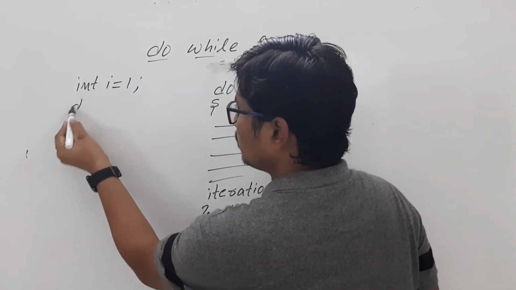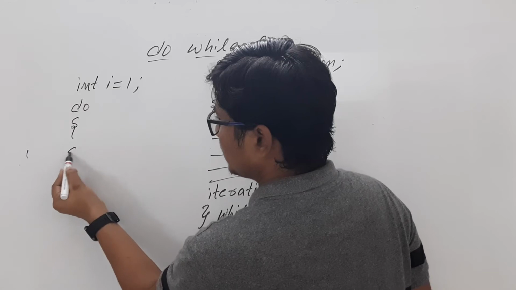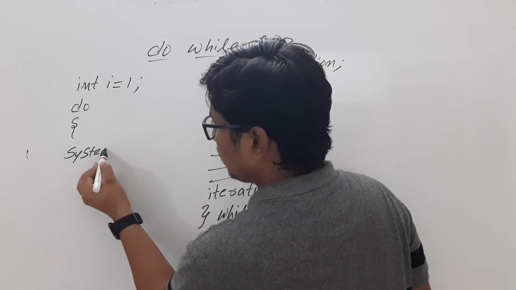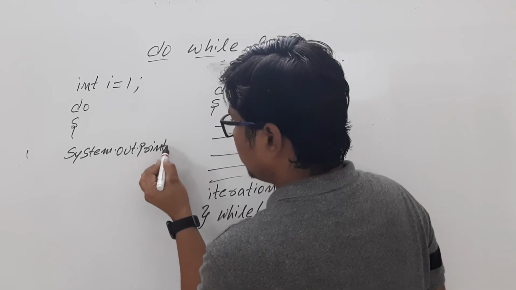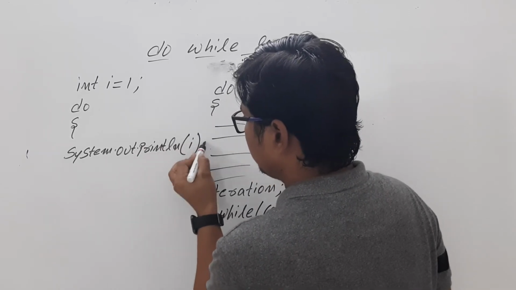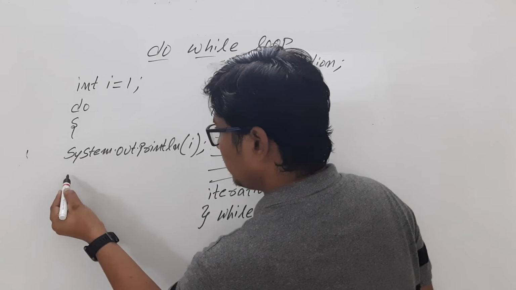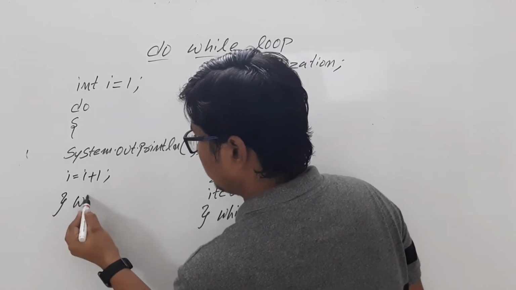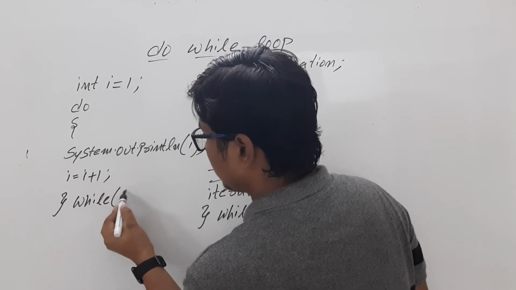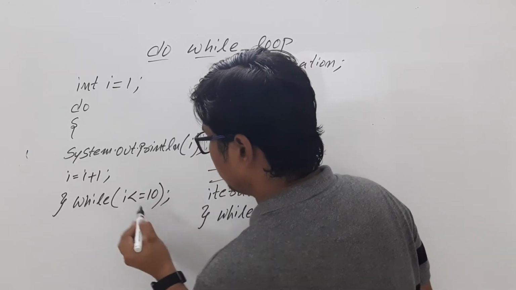Then I will write do, and then System.out.println, and I will write i. And now I will write i is equal to i plus 1, and then I will write while and the condition i less than or equal to 10.